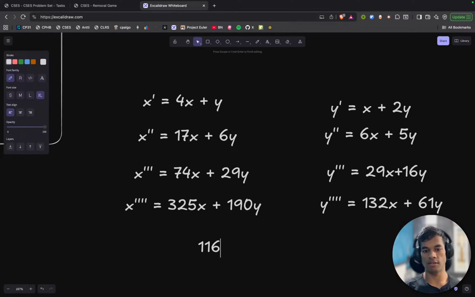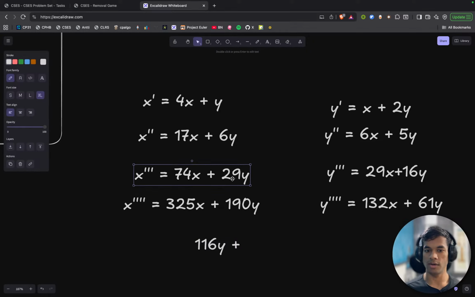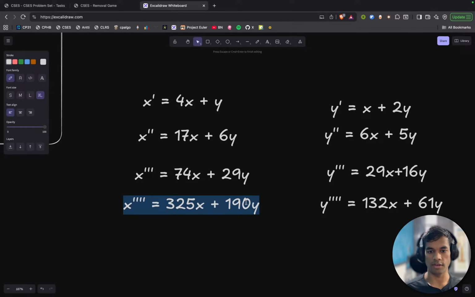So 116y from this side. I mean, yes, 190 is way too much, but okay, we will get 116y because 29 into 4 is 116, and we add 16 from this thing. So plus 16y, which is equal to 132y. So yeah, this thing is wrong. 132. Yep, cool.